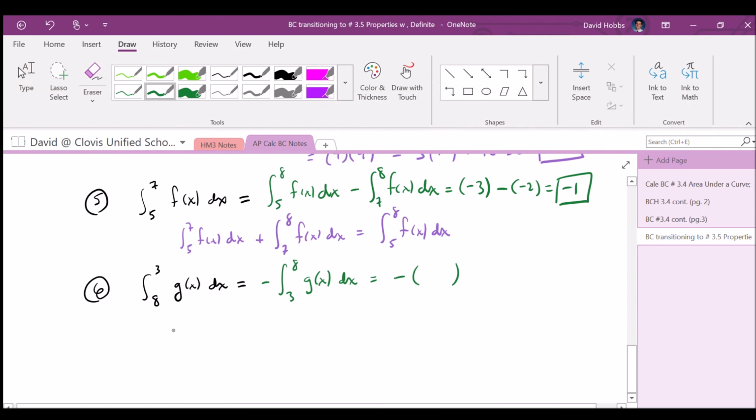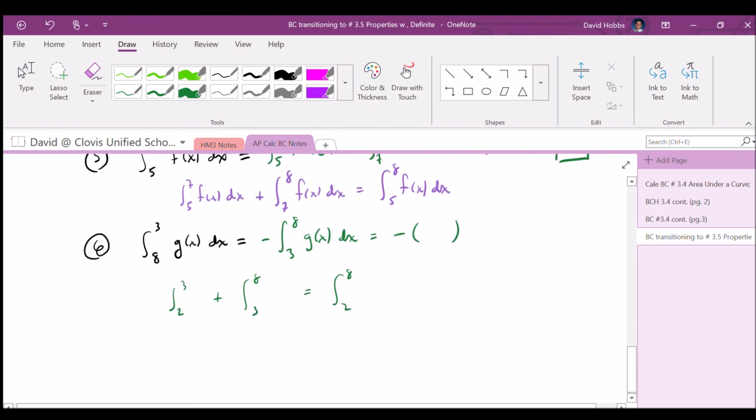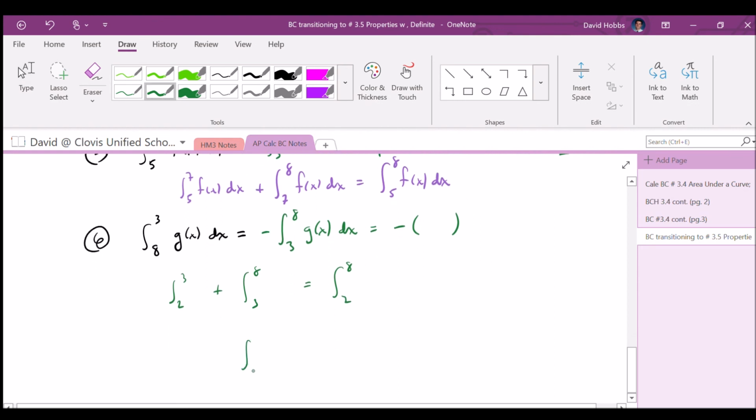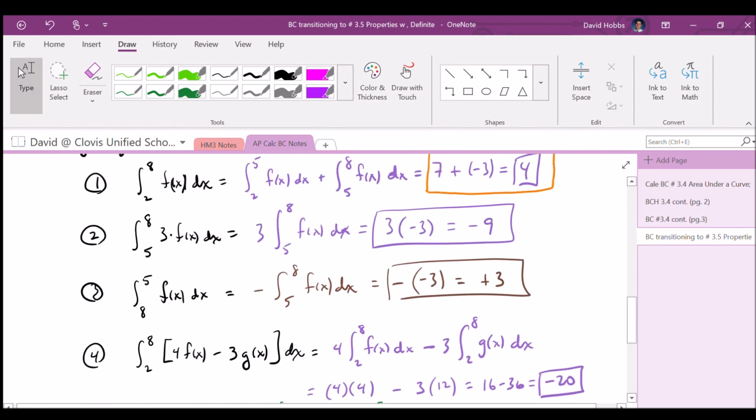So we've got the 2 to 3 plus the 3 to 8 is equal to the 2 to 8, and so the 3 to 8 is equal to the 2 to 8 minus the 2 to 3. Now, what is the 2 to 8?